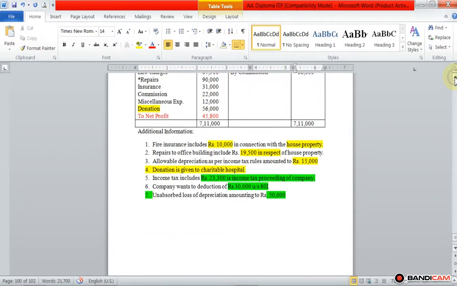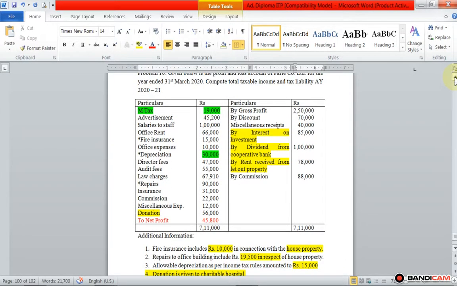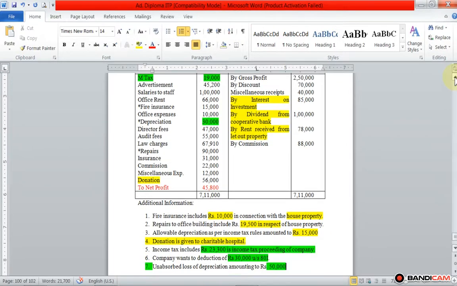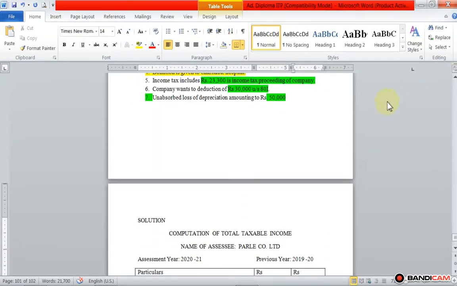And we already studied the conditions of surcharge. What is meant by surcharge? Surcharge is an additional tax on tax. So here we solved practical problem number 10 and computed total taxable income as well as tax liability.